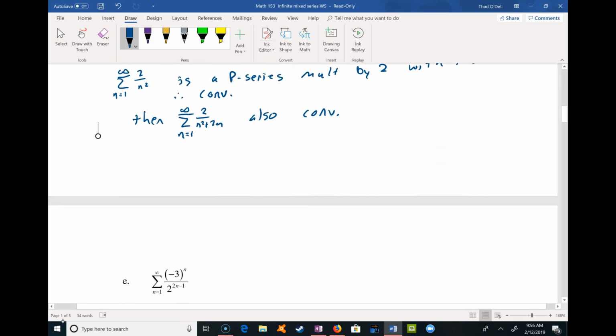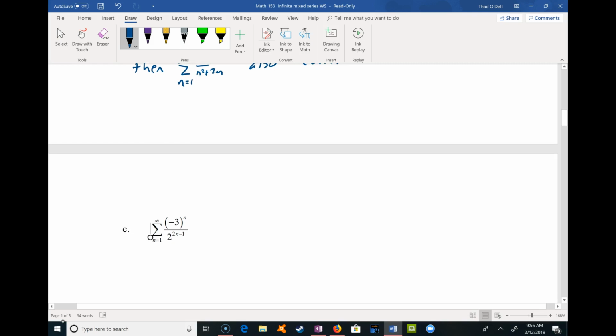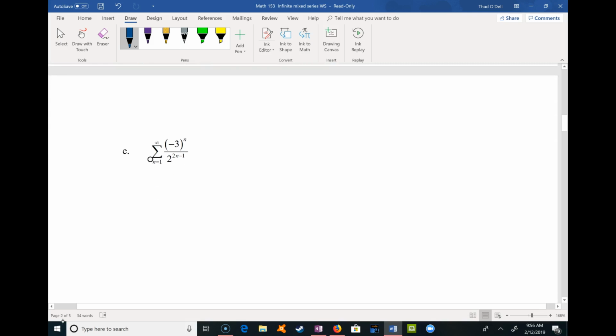Alright, there's D. Let's go up to E. Look at that one. That's definitely an alternating series. It's going to change back and forth from negative to positive. So we could use alternating series tests.